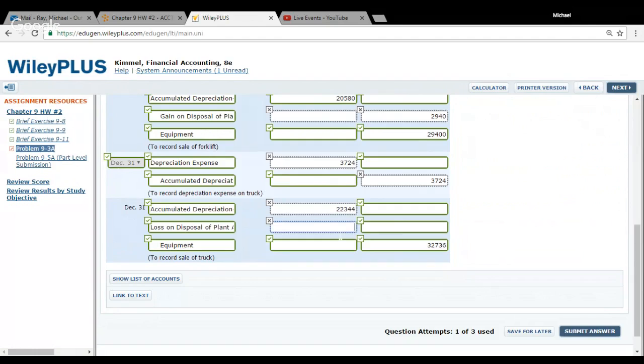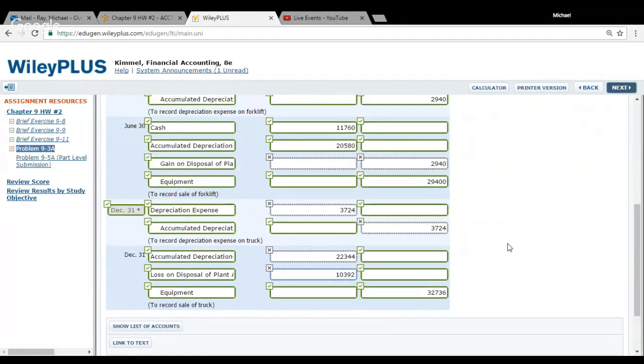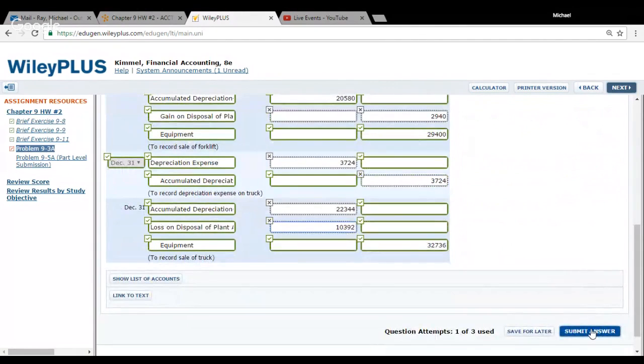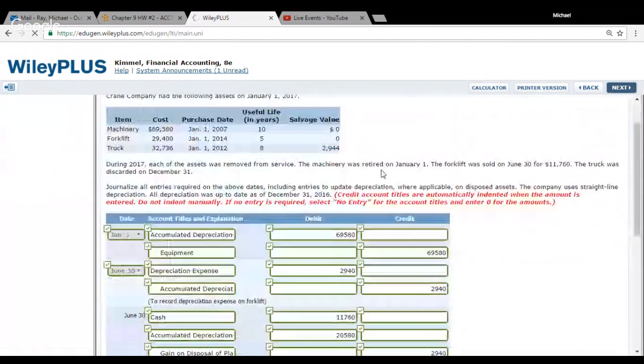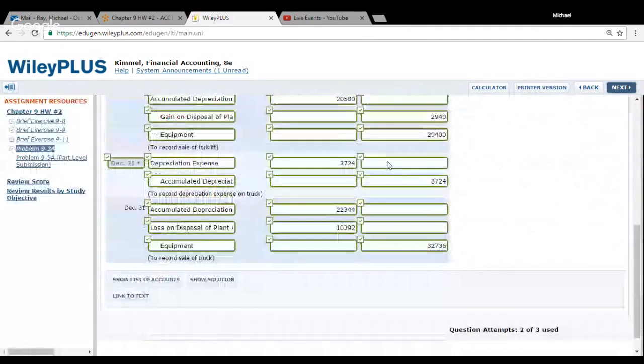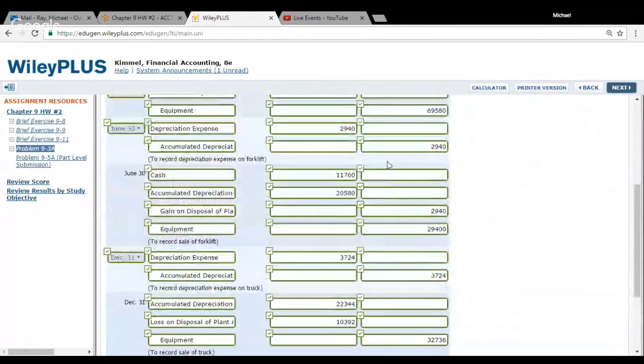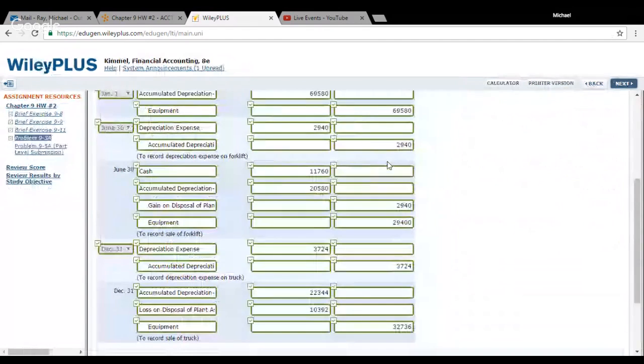That'll give us, we're taking a loss of $10,392 by discarding the truck. So let's try this again. I still have one more attempt, if I need to fine-tune my answer. No, it looks like we got it all correct this time.